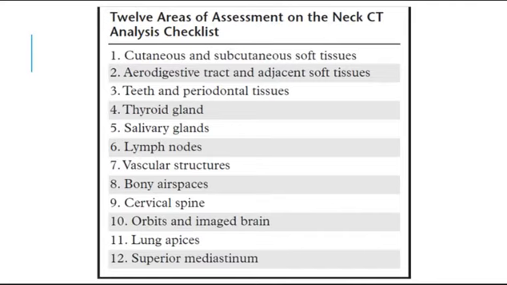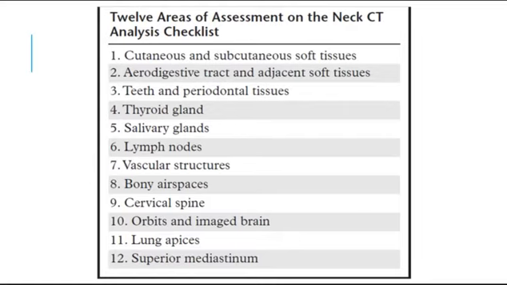Although the thyroid gland is not so much an emergency condition, a retrosternal extension, paralysis, or voice change may lead to the need for emergency CT scanning. Then the salivary glands and the lymph nodes, the vascular structures, the bony air spaces, the cervical spine, the orbits and imaged brain, the lung apices, and finally the superior mediastinum.